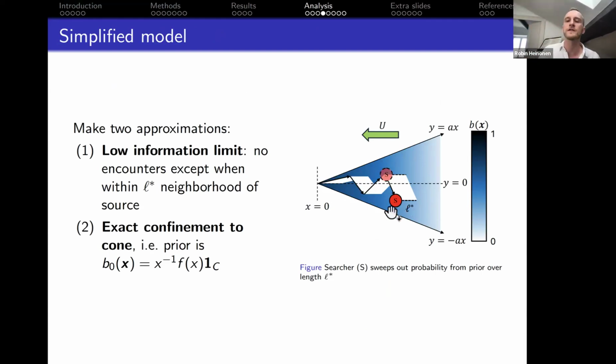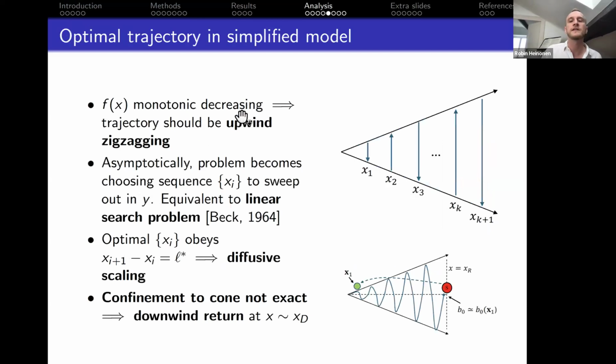You know it's somewhere in this cone, and you're gradually sweeping out where it could possibly be. Because in the low information limit the likelihood is 1 in the strip, you are in this idealized scenario determining with certainty that it can't be in the regions you've already explored. This is why you get these methodical zigzag strategies that just involve sweeping out the cone. This is my interpretation anyway.